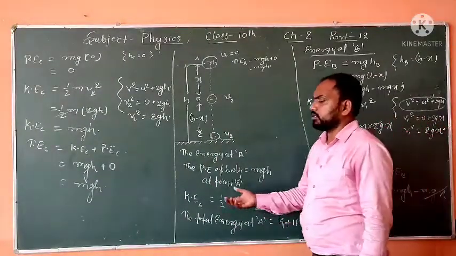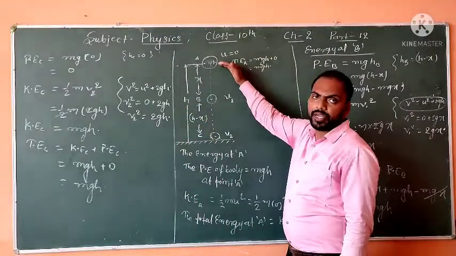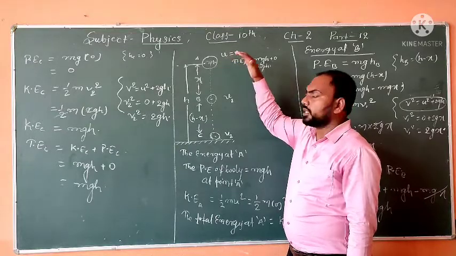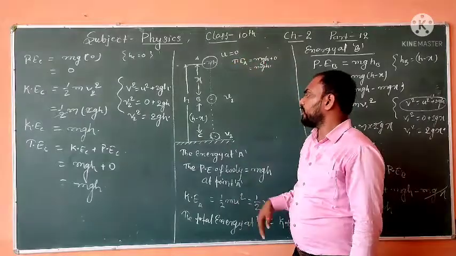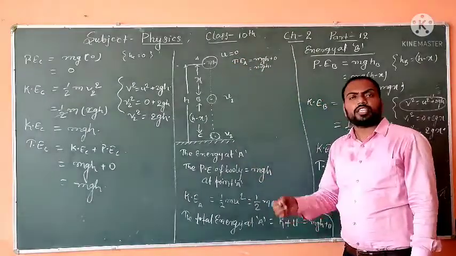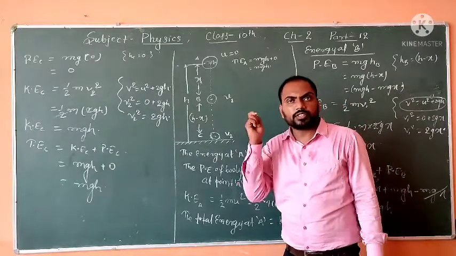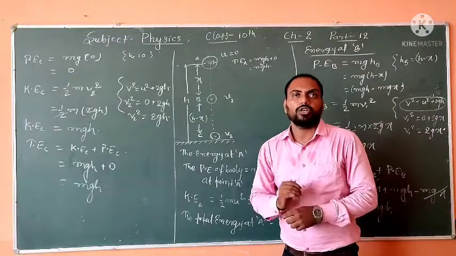Whatever be the condition, the object was at rest at point A with zero velocity, so there is only potential energy, that is mgh. At point B, the object was in motion and it is decreasing its height.